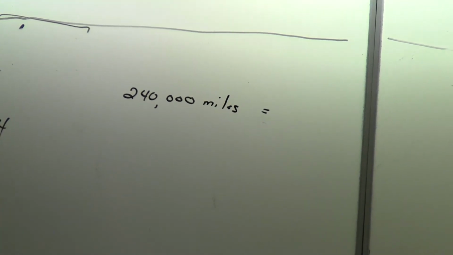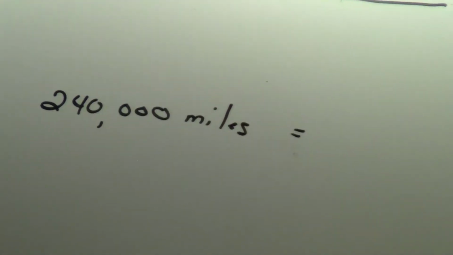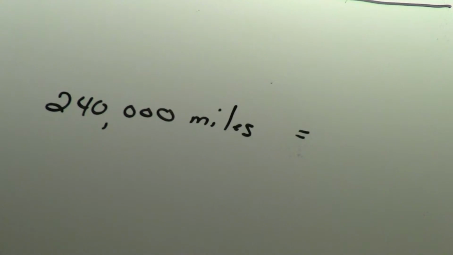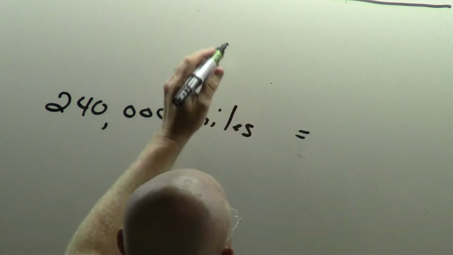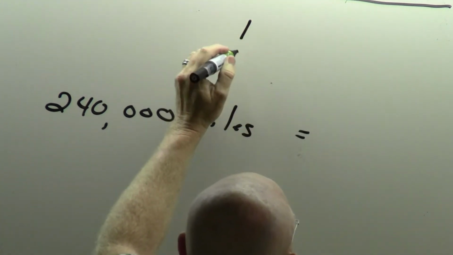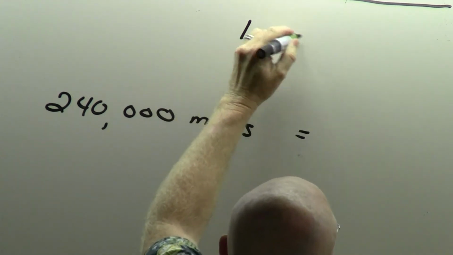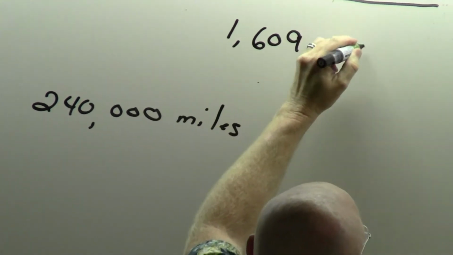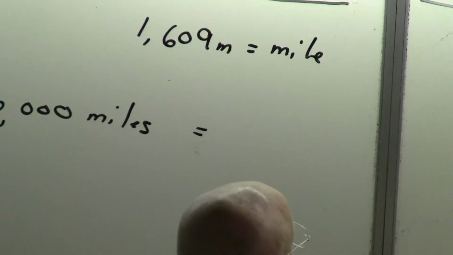This might be a little tough one, but how many meters is that? Now remember, this is open book. So you'll look into your book and you will see that there are 1,609 meters in 1 mile.